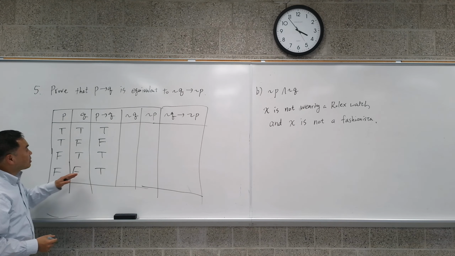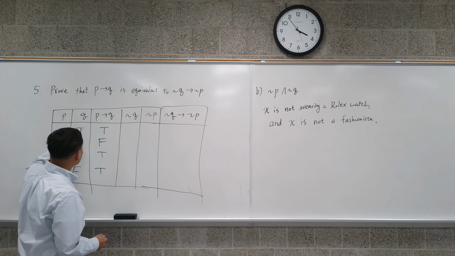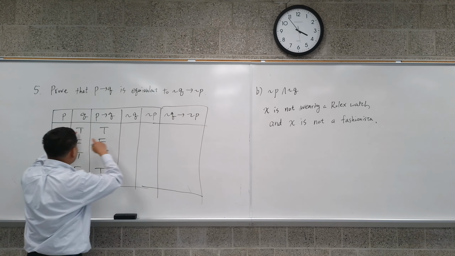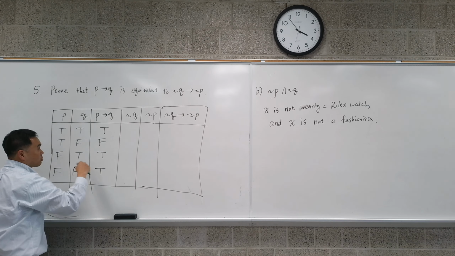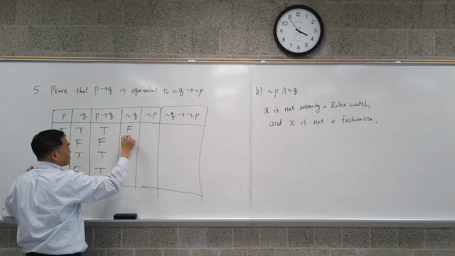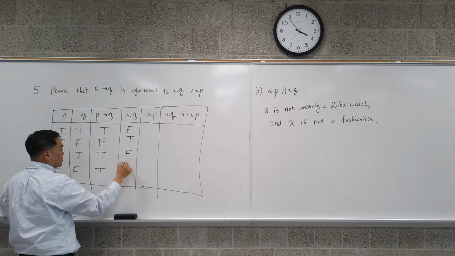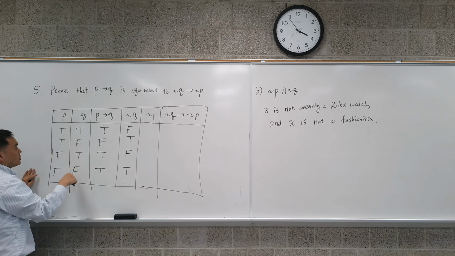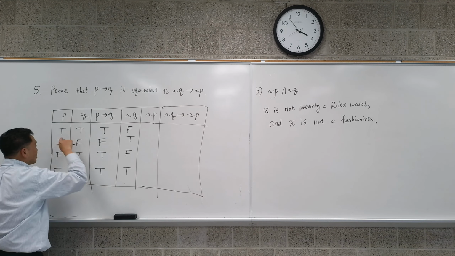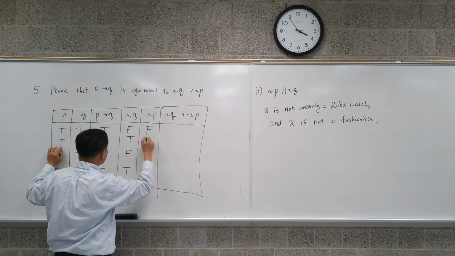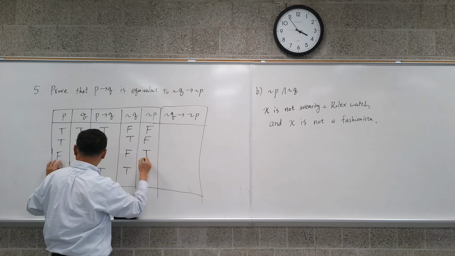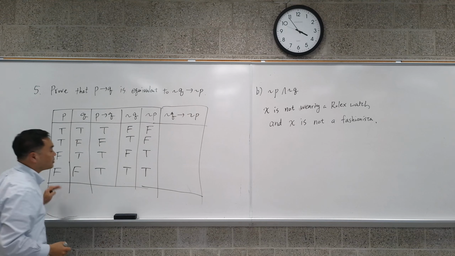Okay, but now let's do not Q, not P. So if you just take this entire column and take the not, everything will reverse, right? So it'll be false, true, false, true. Here it's not P, so I'm going to reverse all of them. So it's false, false, true, true. Okay.